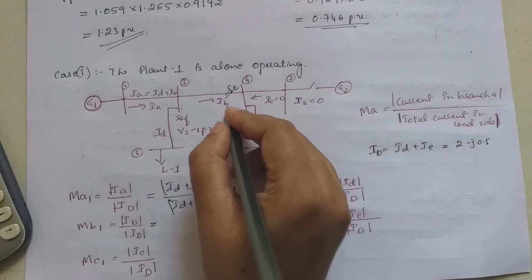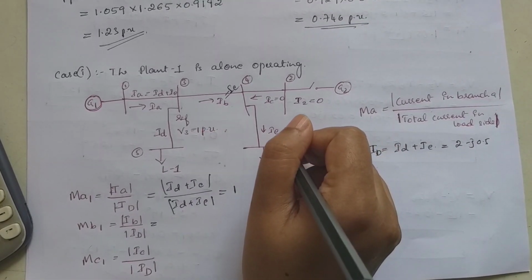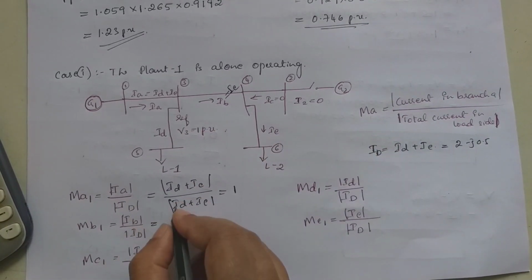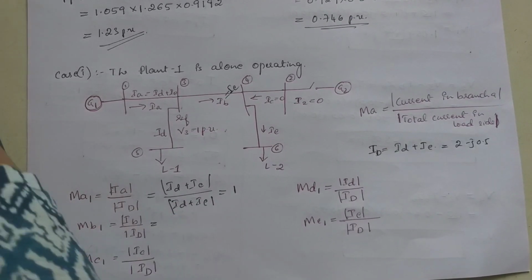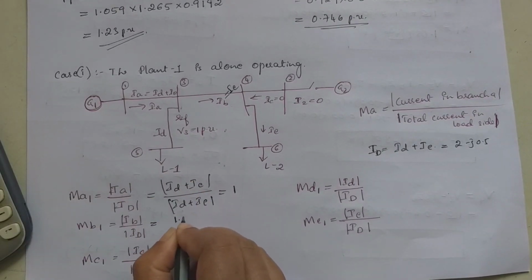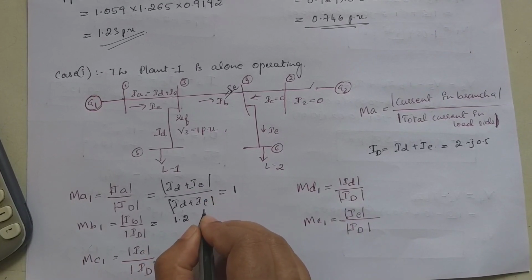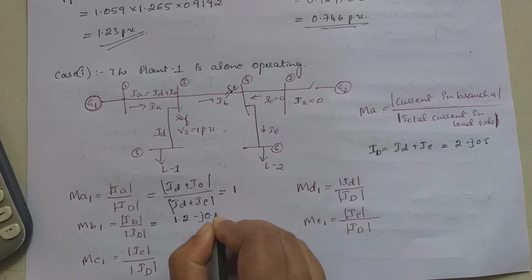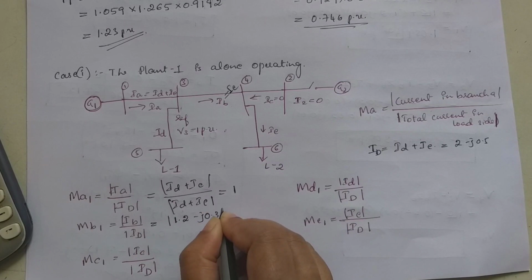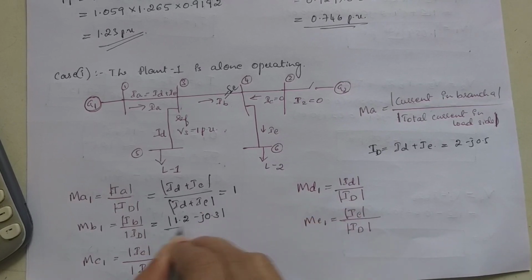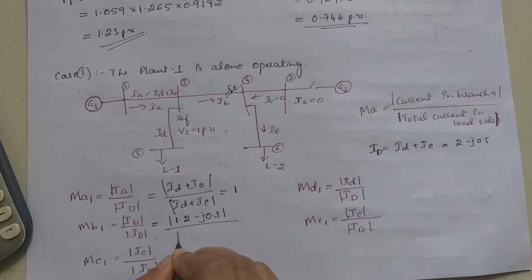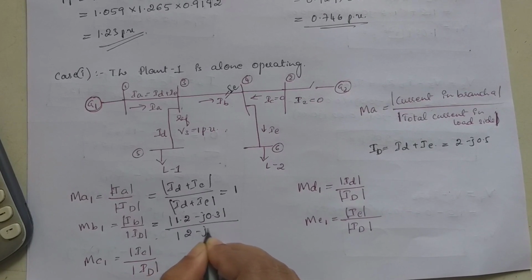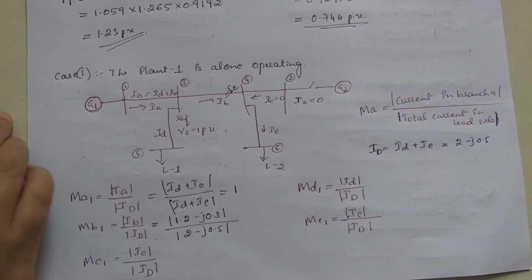Here IB is equal to IE. The value of IE is 1.2 minus j 0.3. We want the magnitude of that, divided by the magnitude of ID, which is 2 minus j 0.5.